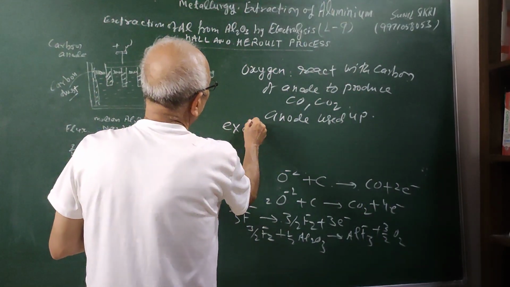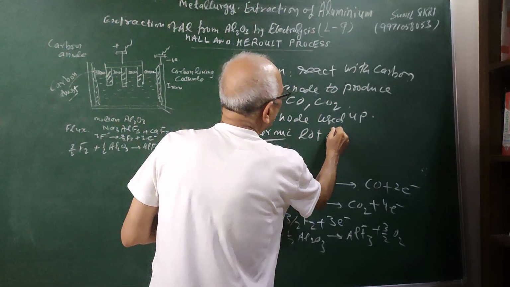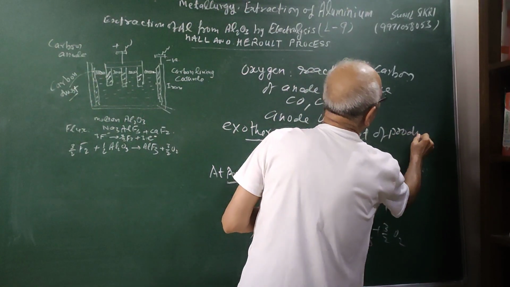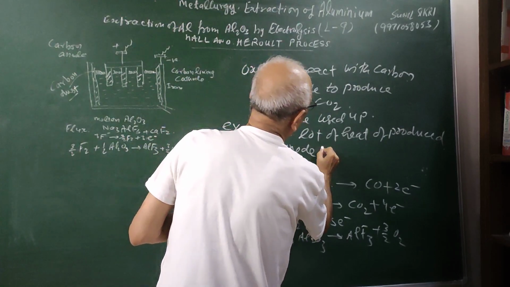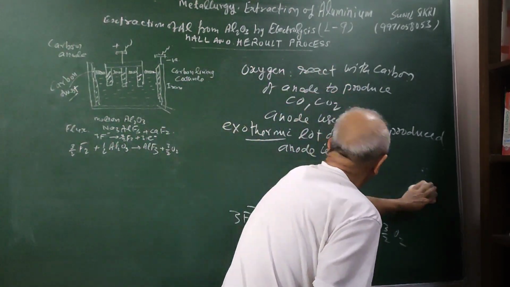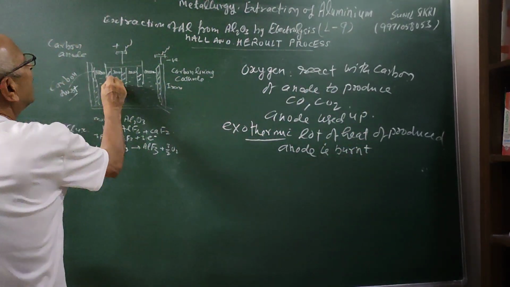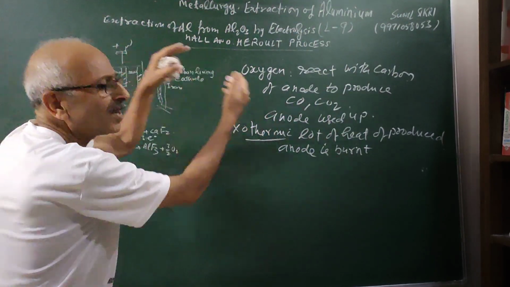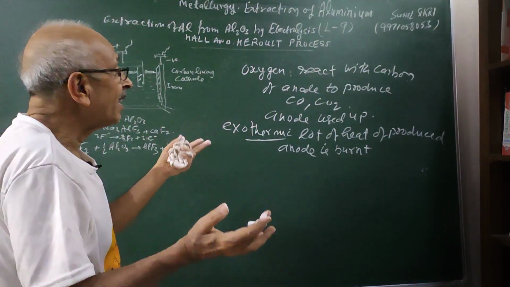This reaction is exothermic. A lot of heat is produced and the anode is burnt, because the carbon of the anode is reacting with oxygen to form carbon monoxide and carbon dioxide. The reaction is exothermic and a lot of heat is generated.